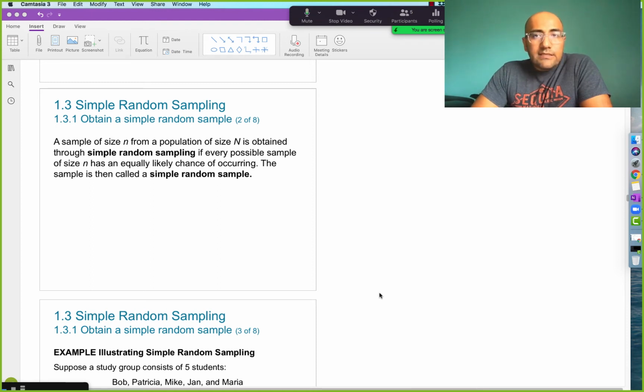Okay, this is the classic gold standard, simple random sampling, and what I want you to visualize is, imagine that I need to take 5 students from our class. I want to create a method so that any 5 students have an equal chance of being selected into this sample.